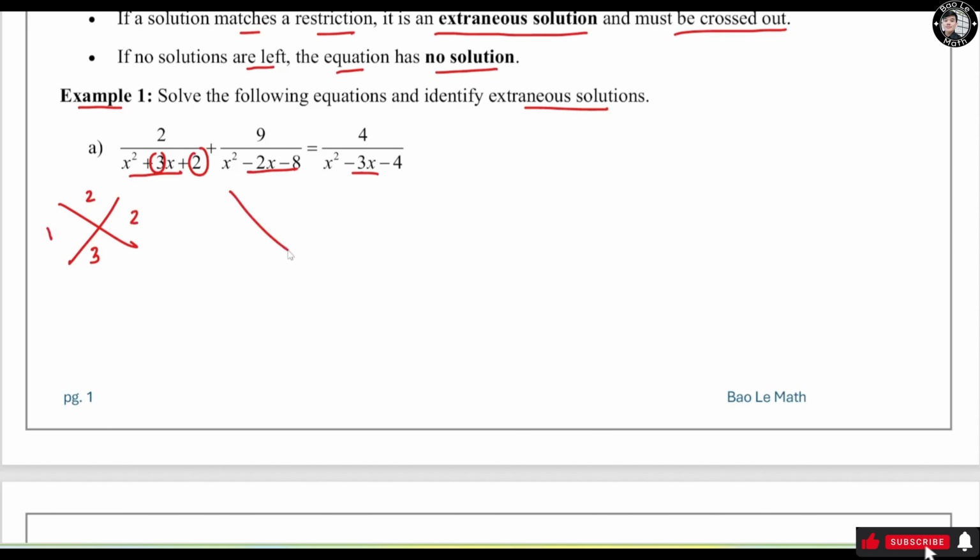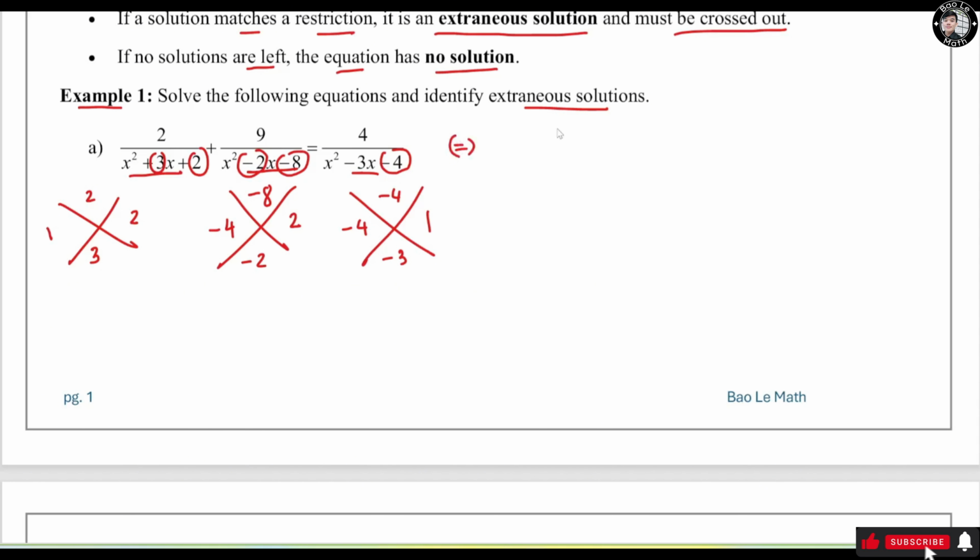For the second one, I need two numbers that multiply to negative 8 and add up to negative 2, which is negative 4 and 2. And the third one, I need two numbers that multiply to negative 4 and add up to negative 3, so it could be negative 4 and 1.